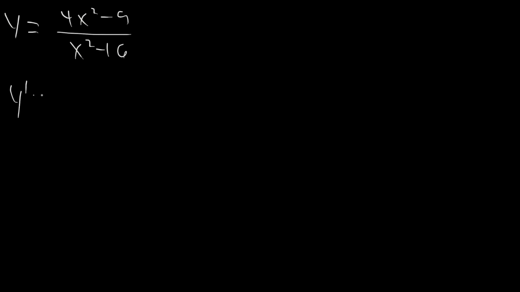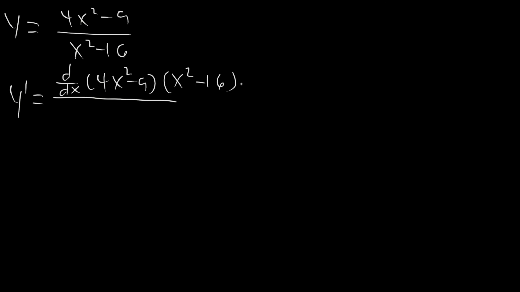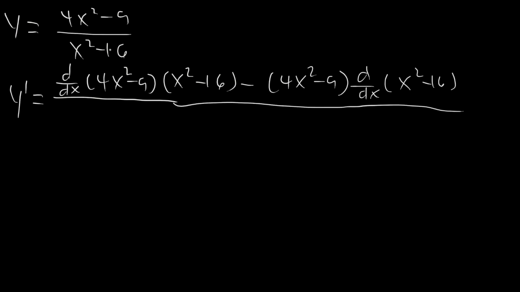So y prime is going to be equal to the derivative of 4x squared minus 9 times x squared minus 16, minus 4x squared minus 9 times the derivative of x squared minus 16, over x squared minus 16 squared.